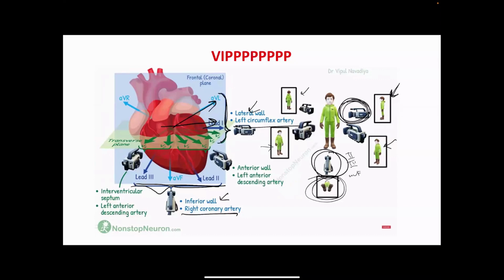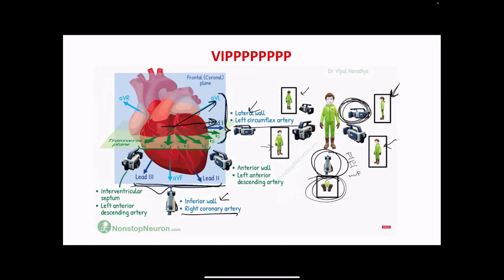So let's say you have a STEMI in lead 2 and 3. We'll get to what a STEMI is later. But if you have a STEMI on lead 2 and 3, you know that the inferior wall is being infarcted. That means the right coronary artery has the occlusion, okay? So that's how you can see which part of the heart is affected just by looking at the ECG.